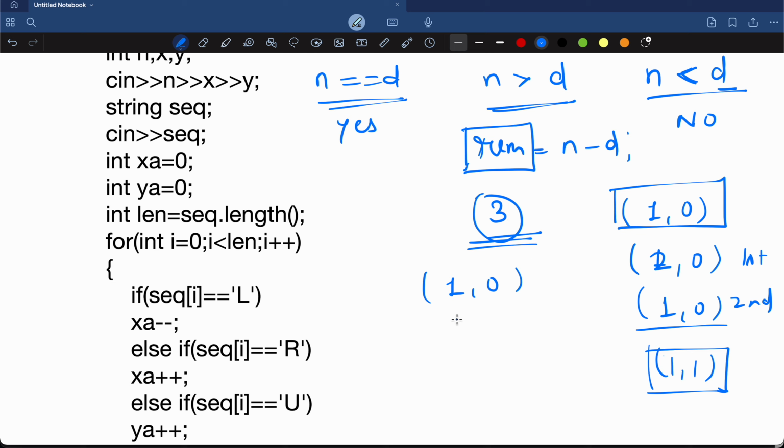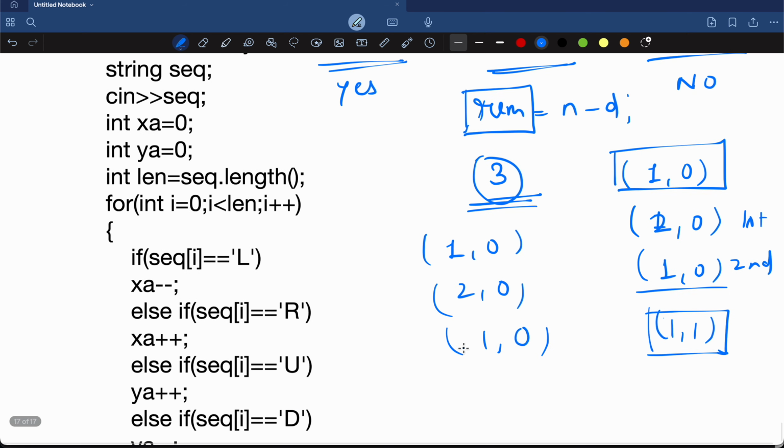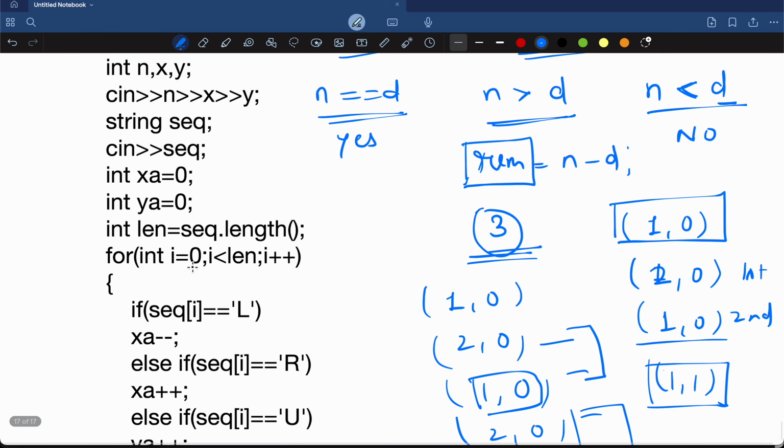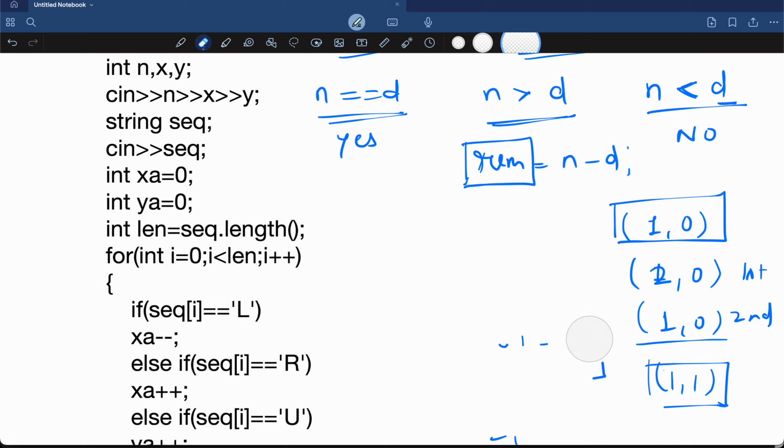See, 1 comma 1, 2 comma 0, then again 1 comma 0, then again 2 comma 0, then 1 comma 0. I have reached there. How many moves? 1, 2, 3, 4. In 2 moves I am there, and in the next 2 moves I am there. So if an even number of moves are remaining, then I will definitely make it, and our answer will be true in that case. Now let me show you this.